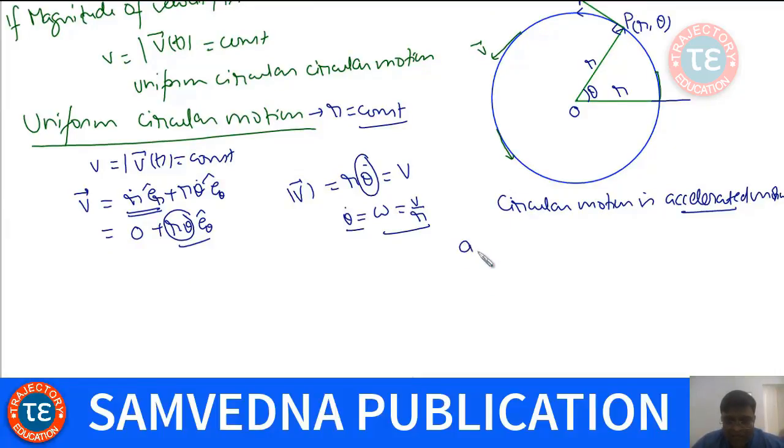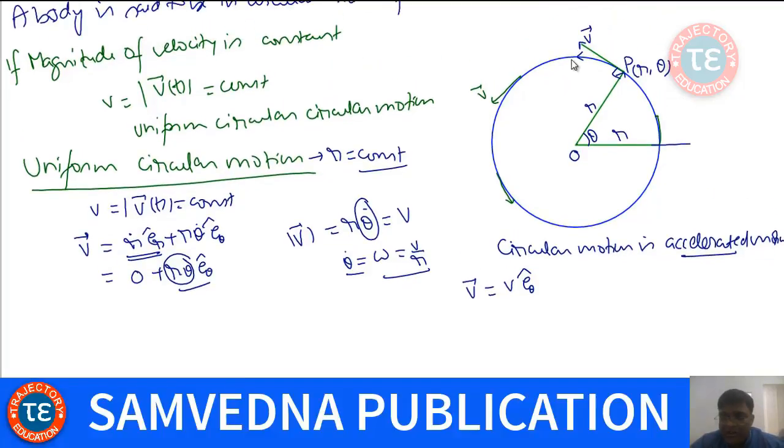What could the acceleration be? See, what is velocity? Velocity is v e theta. v is the magnitude of velocity, and it always lies in the direction of e theta. This is e r, and this is e theta. So velocity is perpendicular to r, so it lies in the direction of e theta.